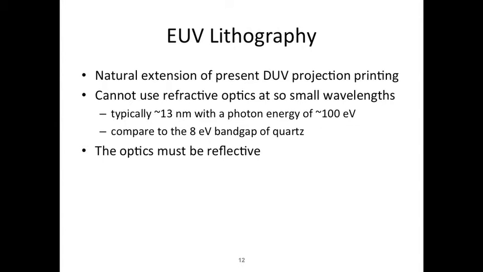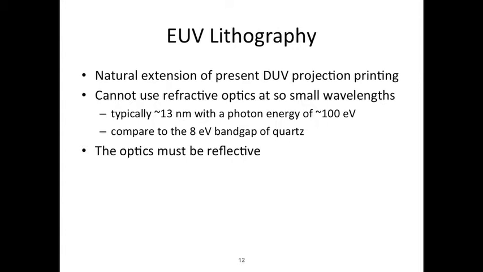Again, coming back to extreme UV, where you have high penetration depth, typically lambda is 13.4. Then the photon energy is about 100 electron volts, which is significantly higher than the band gap of quartz, which is 8 electron volts. So basically, if you use a quartz mask with this, it will be useless.